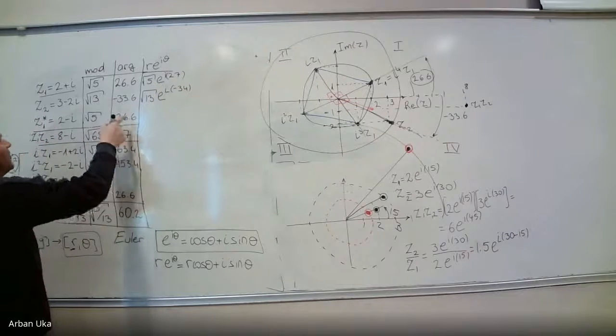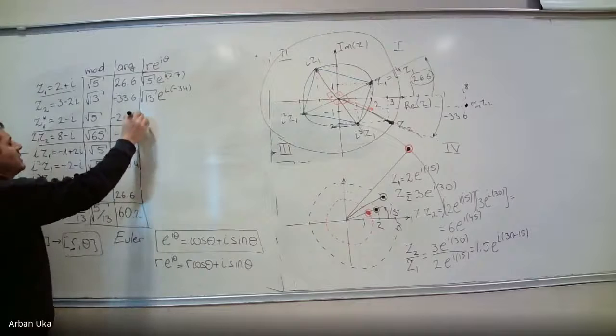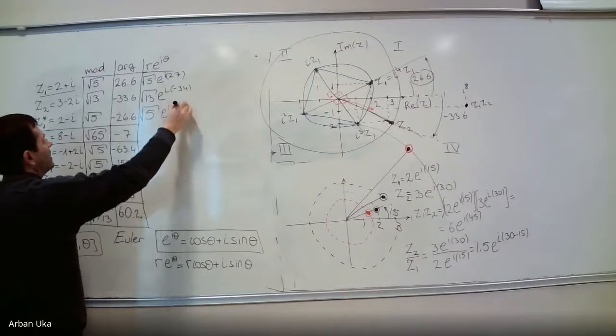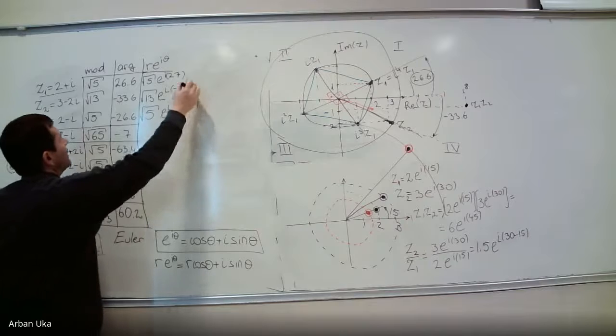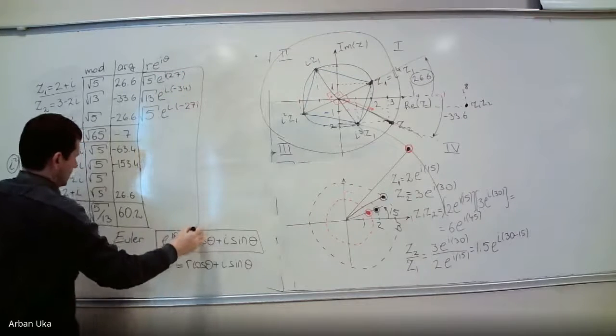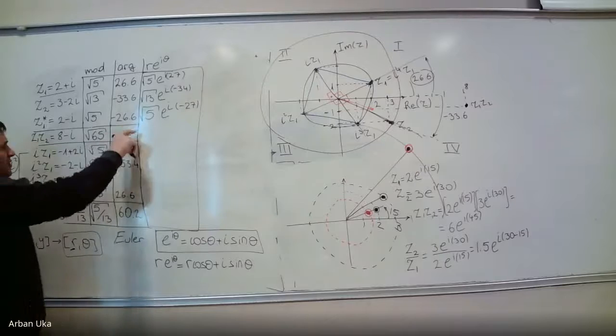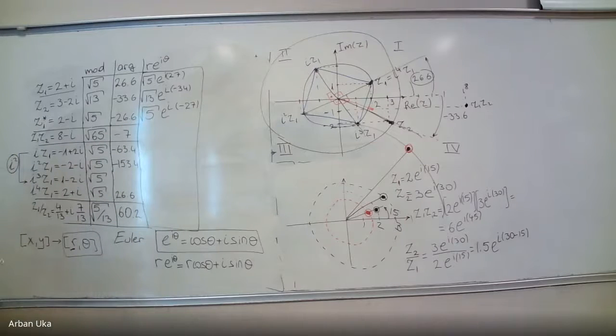I'm rounding them. And here we get square root of 5 e to the power i minus 27 again. Now that these complex numbers are written in the polar representation, we can argue that they look slightly better.